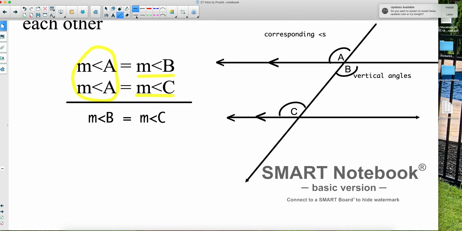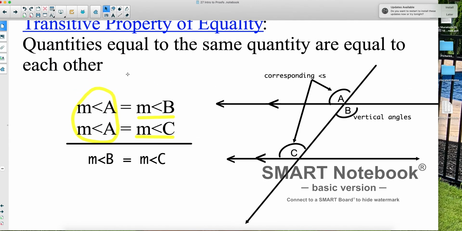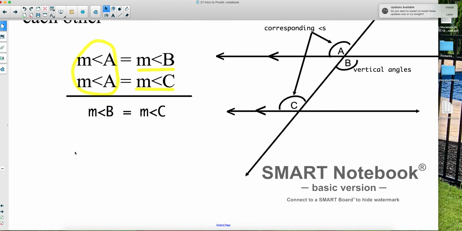So that's kind of how you use the transitive property. Oops, just undo this. There you go. And now notice the order is important. Since angle A is equal to angle B and angle A is equal to angle C, then we must state that angle B is equal to angle C in that exact order. Okay? So for transitive property, order matters.